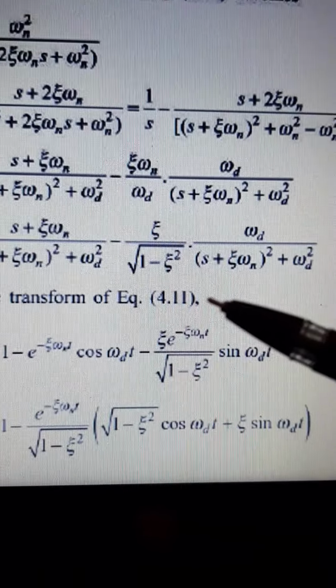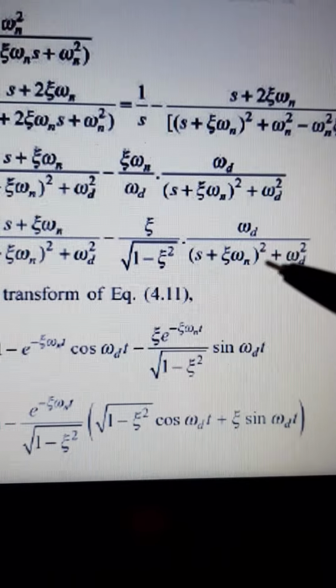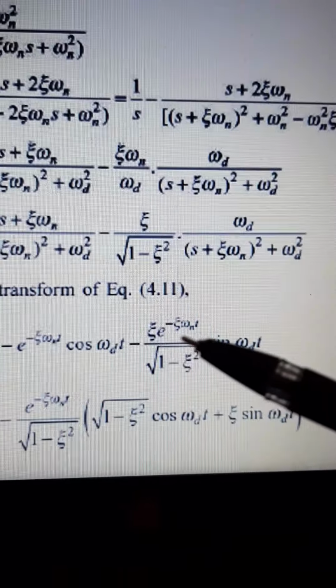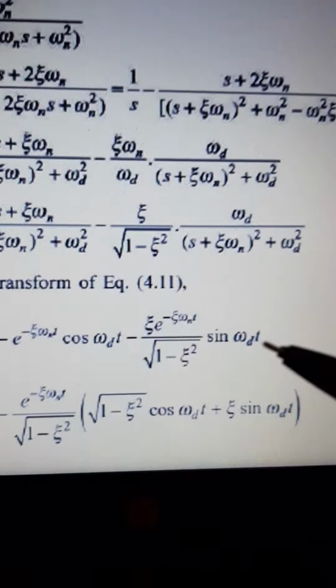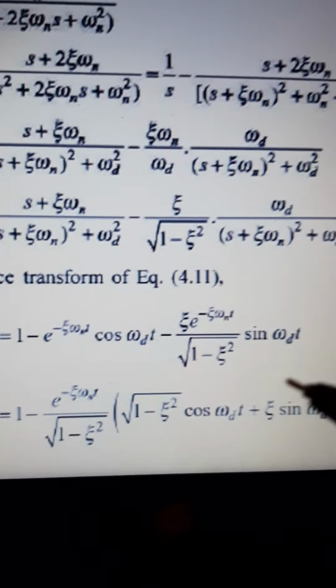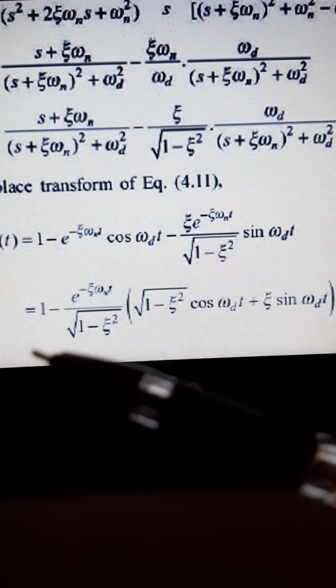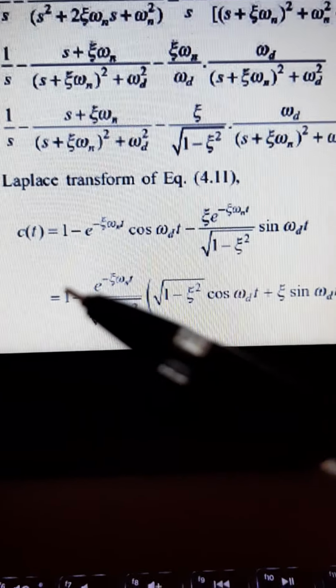Then omega d divided by (s plus psi omega n) square plus omega d square is nothing but e to the power of minus psi omega n t into sin omega d t. This is also a standard inverse Laplace transform. Now 1 by s becomes 1.